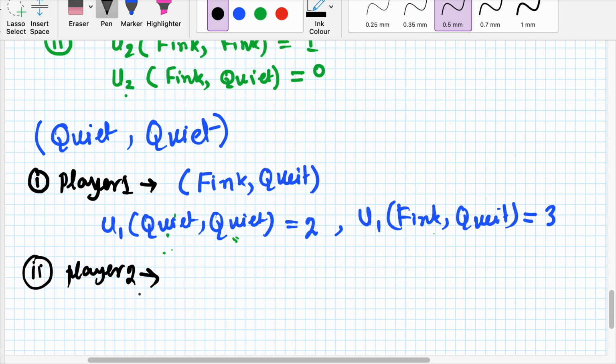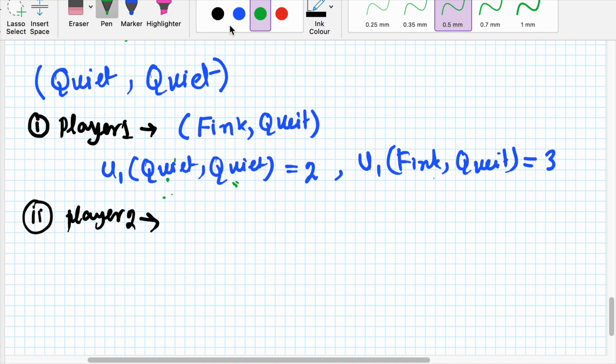So if we have shown that player 1 has enough motivation to shift her action from quiet to fink, then that is enough to show this action is not a Nash equilibrium. But for generality we will show that for player 2 also, going from quiet to fink will be a better option.